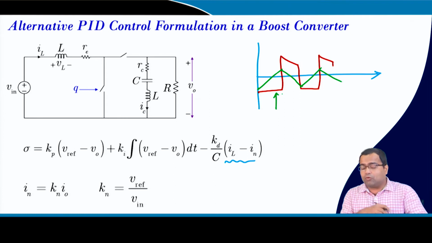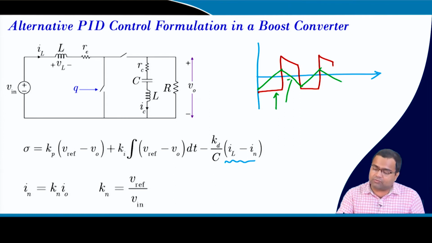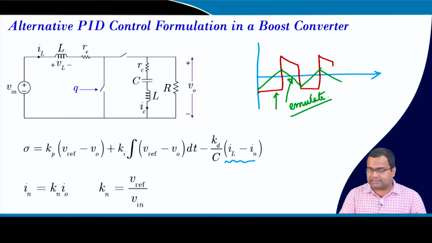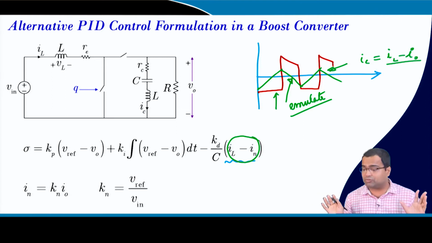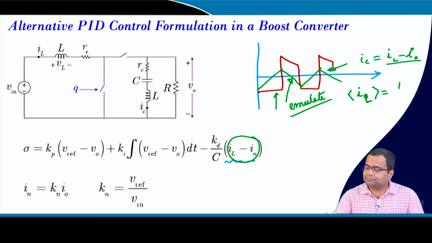So, now why can't we emulate something similar for a boost converter, and that is exactly what we are doing, IL minus normalized. In a buck converter our capacitor current is nothing but IL minus I0, because the average inductor current is the same as the average load current. But in a boost converter your IL average is nothing but I0 by 1 minus D, and what is 1 minus D?